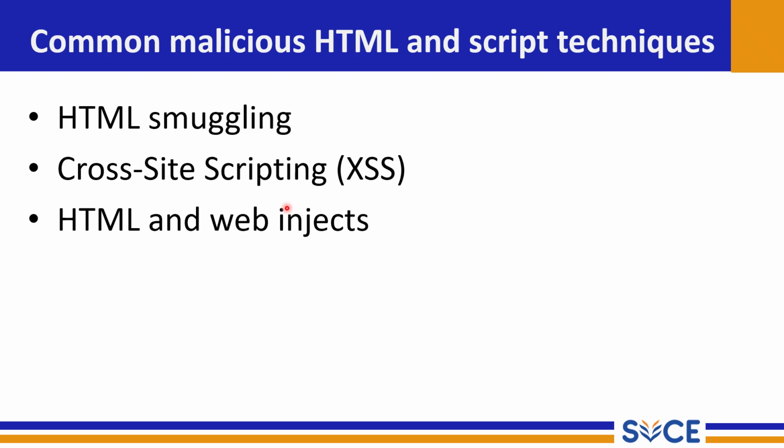So how does HTML smuggling work? A phishing email or a malicious link directs a user to a specifically crafted HTML page. When the page loads, an embedded encoded JavaScript blob is decoded by the browser and assembled into a final malware payload, for example a zip file containing an ISO or an executable file.